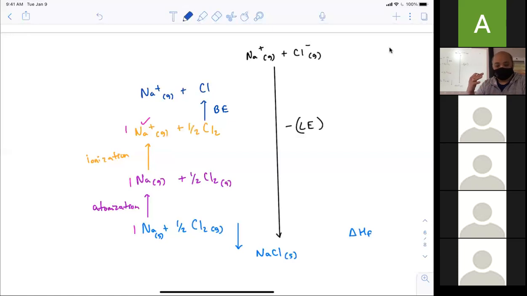What's my coefficient for this bond enthalpy going to be here? It's half, because you only broke half a mole of bonds because the coefficient is 1/2. So half a mole of Cl2 is being broken, so that's half a mole of bonds. So it's half the bond enthalpy, which makes 1 mole of Cl.